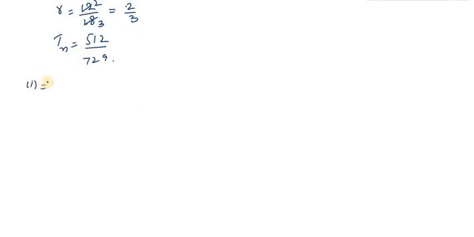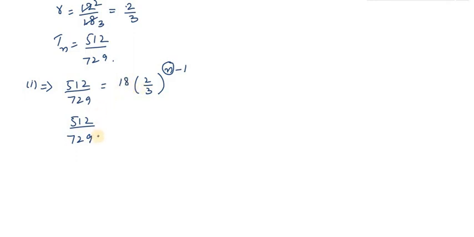Equation number 1 implies, by putting in the formula, Tn is equal to a is 18, r is 2 upon 3, to the power n minus 1. We have to find the value of n. So 512 upon 729, 18 is multiplying with this, so on the other side of the equality it will divide.